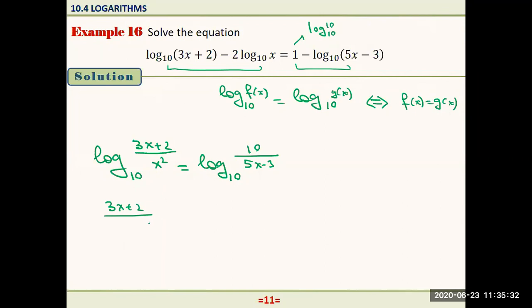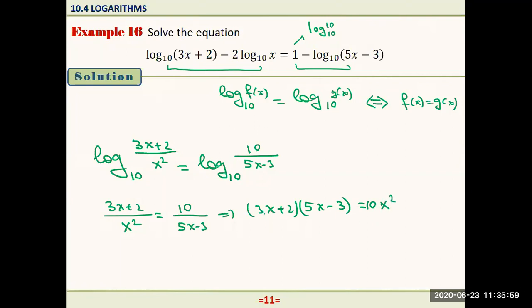(3x plus 2) over x squared is equal to 10 over (5x minus 3). If you cross multiply, what do we get here? Here we have (3x plus 2) times (5x minus 3) is equal to 10 times x squared.